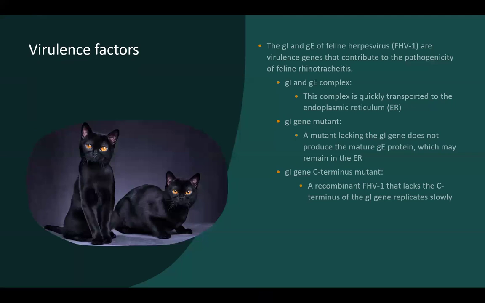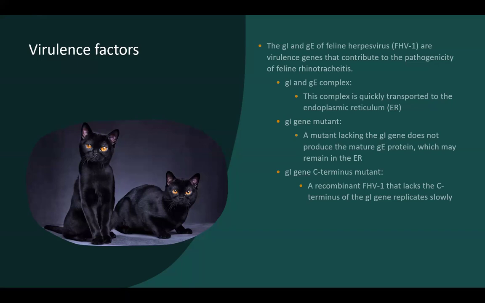So the virulence factors of feline rhinotracheitis: the GI and GE of feline herpes virus, FHV1, are virulence genes that contribute to pathogenicity. The GI and GE complex is quickly transported to the endoplasmic reticulum.